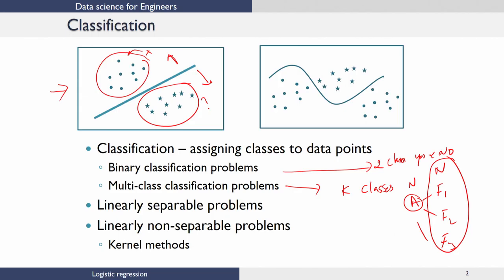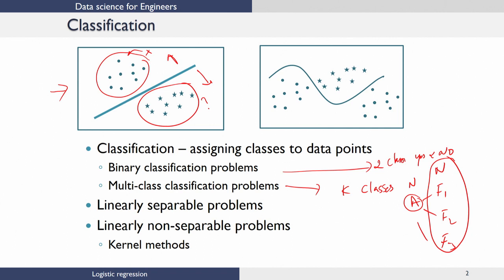So, these are types of problems which are called linearly separable problems. In such cases, the classification problem becomes one of identifying the hyperplane that would classify the data. These I would call simpler problems in binary classification.